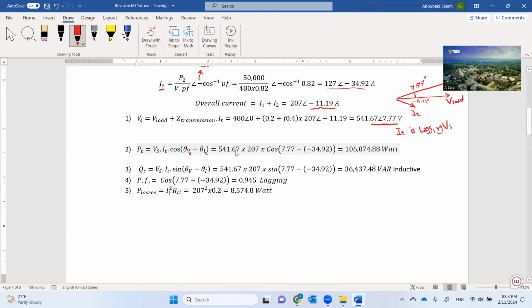So the V supply magnitude is 541, which is what we calculated here. And the current is 206 to 207, this is the total current magnitude. And cosine theta Vs, so this is theta Vs and this is theta I total. So 7.77, the voltage angle, minus 34.92.